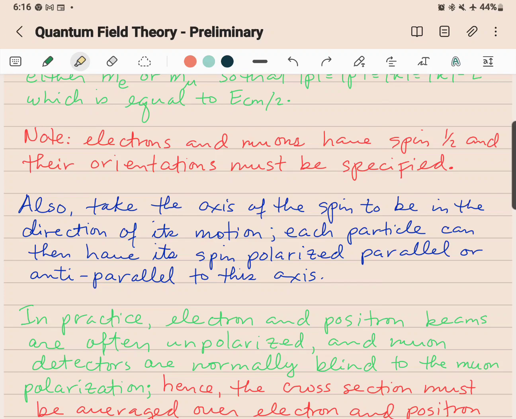So you just use your right hand. If your thumb is in the direction of the beam, then that's the parallel spin. And if your fingers curl with the thumb in the opposite direction of the beam, then it's anti-parallel spin.